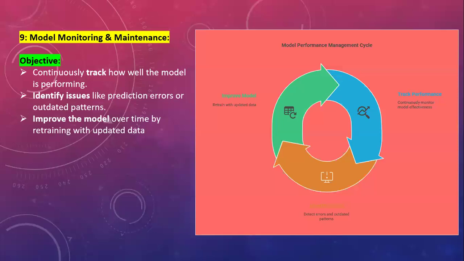Then we also need to identify any issues like prediction errors or outdated patterns while predicting. We need to track those issues, and continuously improve the model over time by retraining with updated data. Whatever new data is coming, we need to continuously improve our linear regression model over time.